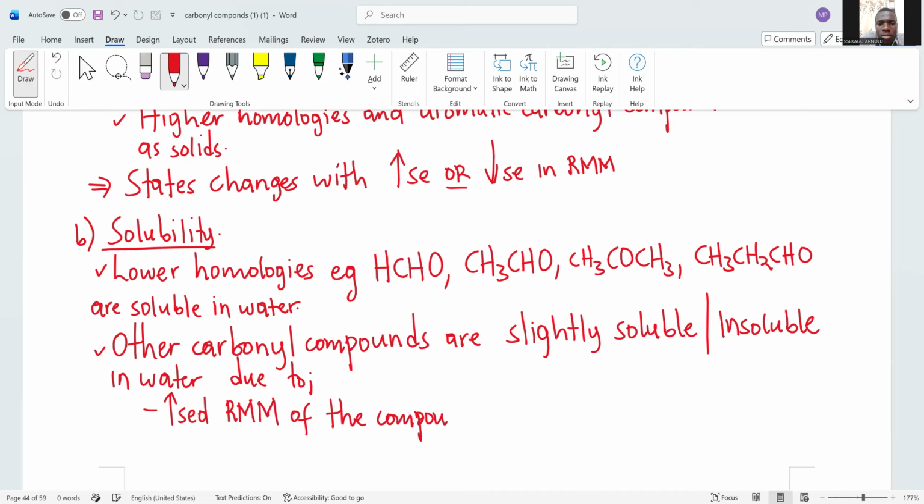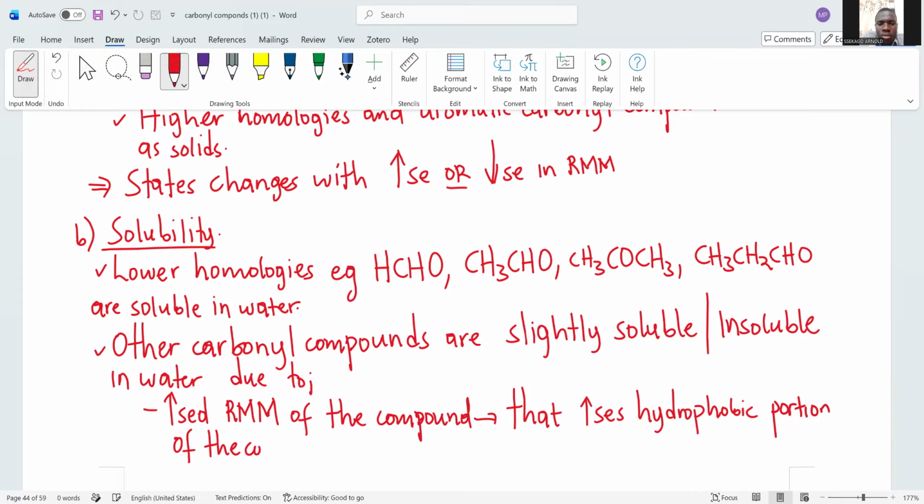An increase in RMM increases the number of carbon atoms, which increases the hydrophobic portion of the molecule.